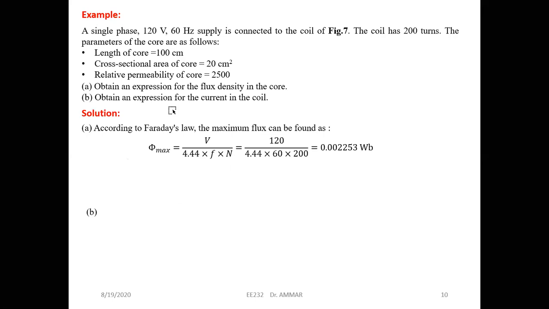We are looking not for the flux, we are looking for the flux density B. If we found the maximum flux, also the density will be maximum. The maximum flux density B equals phi over A, which is the cross section.